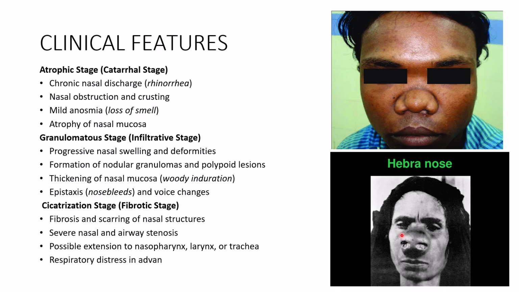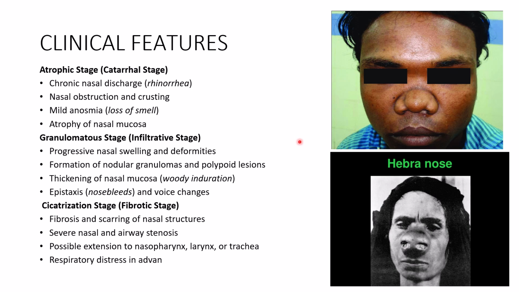This nose formation is known as the Hebra nose, because of its woody consistency or induration. However, the most interesting point of these nodules that you have to remember is that they are non-tender, painless and non-ulcerative. They are usually present in the lower part of the external nose and the lips.